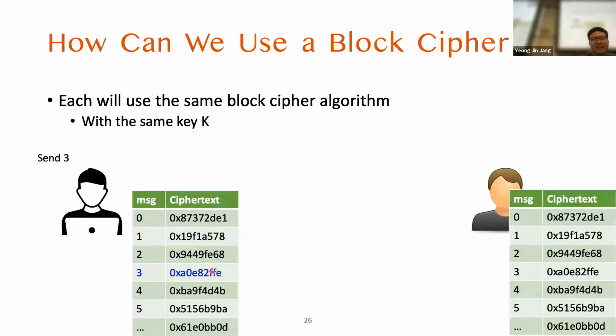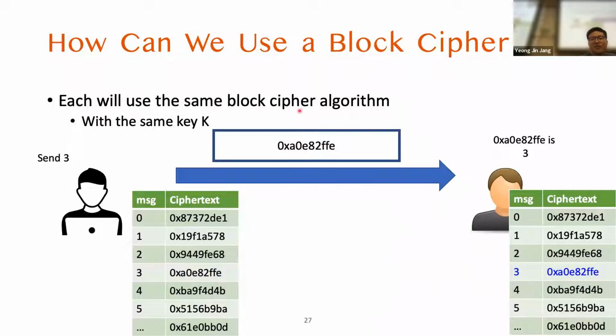And whenever you observe that number, you can just use the table backward. Search for this number, and it is at position 3, so the plain text message will be 3. So you can think of setting the key in the block cipher as shuffling the order. That's why it is called a permutation.